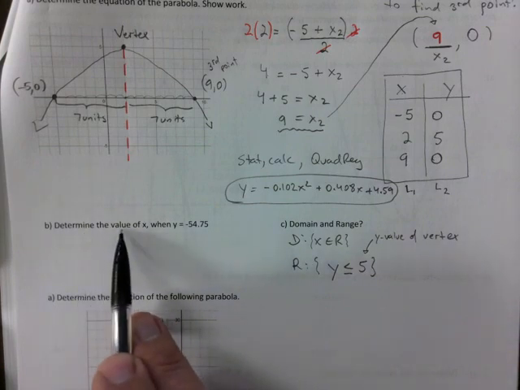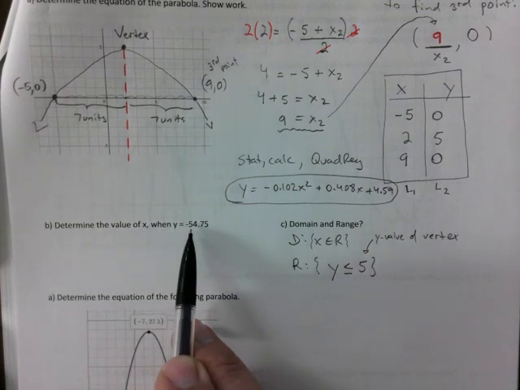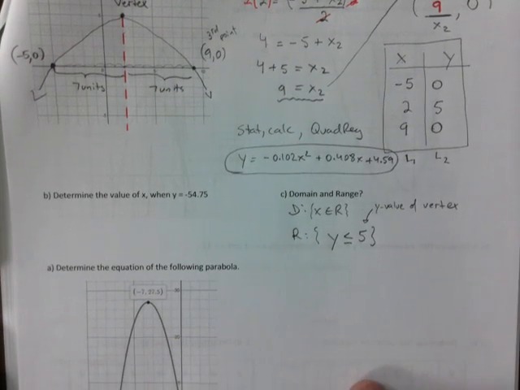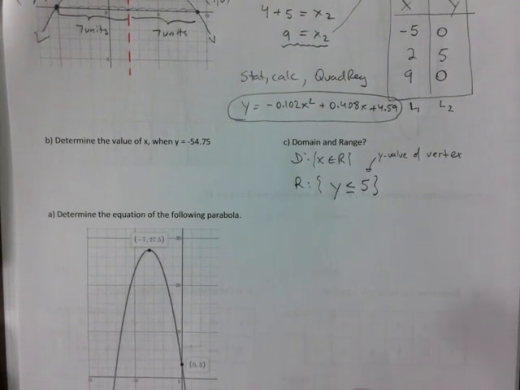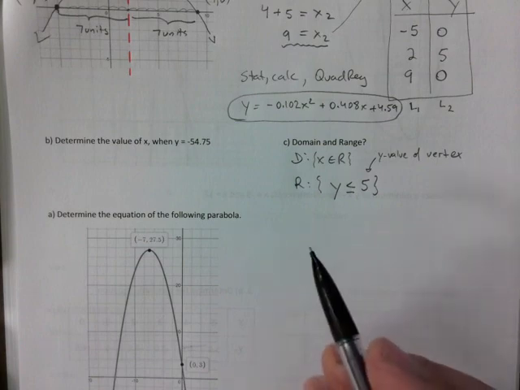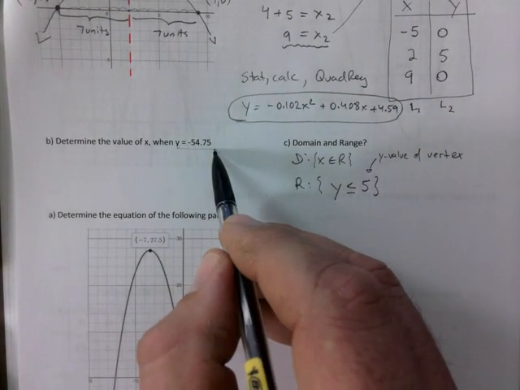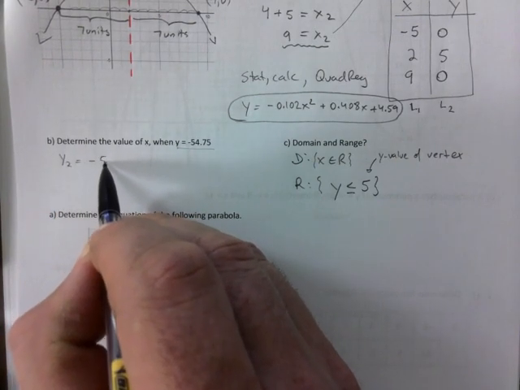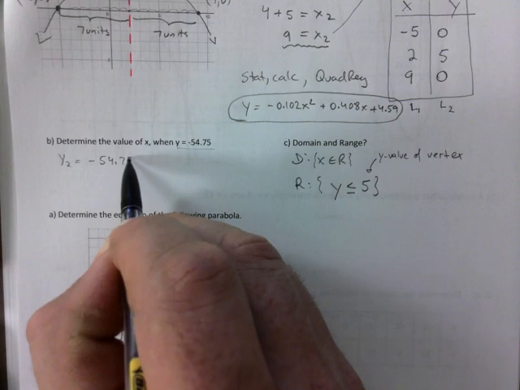Determine the value of x when y is equal to negative 5475. How would you do that? Do you remember how to do that? Blast from the past? You know what the y value is, so you go y2 is equal to negative 5475, right?